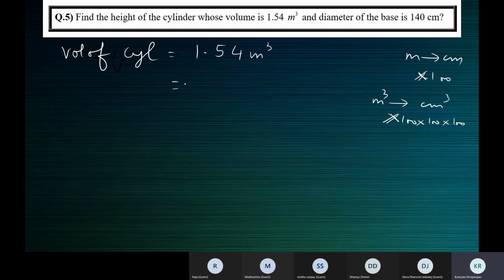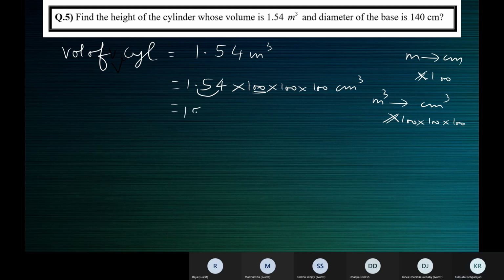So the volume of the cylinder will be 1.54. We are converting meter cube to centimeter cube, so into 100, do it 3 times. Then it's converted to centimeter cube. So these two decimal places and 2 zeros, so it will be 154 followed by zeros, centimeter cube.